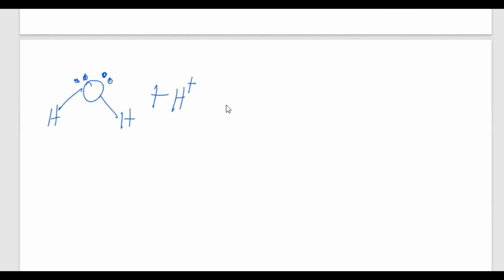This hydrogen is positively charged, meaning that it has already lost the electron. So since it is positively charged, it doesn't have an electron. So the bond which is going to form here is going to come from the water molecule. You understand? So when I combine these 2, what is going to happen?